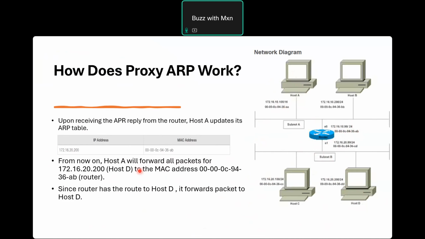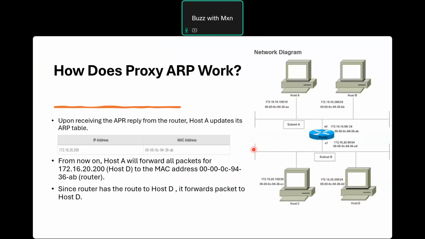Understood? So once host A receives the reply from the router, host A updates its ARP table. Whenever it wants to reach 20.200, the IP address of host D, it will just forward the traffic to the router interface E0 containing MAC address 36AB.